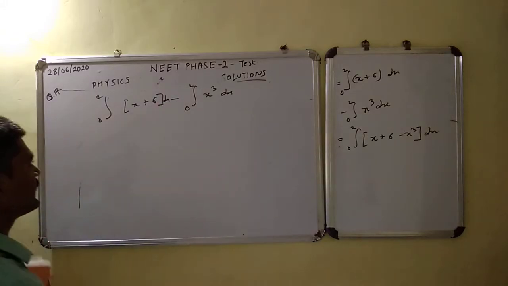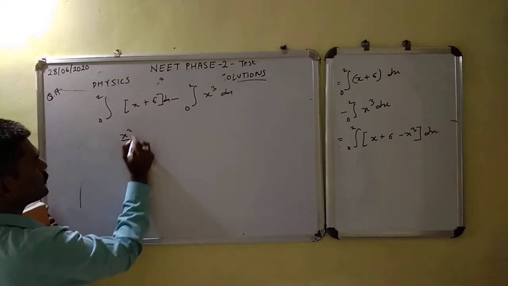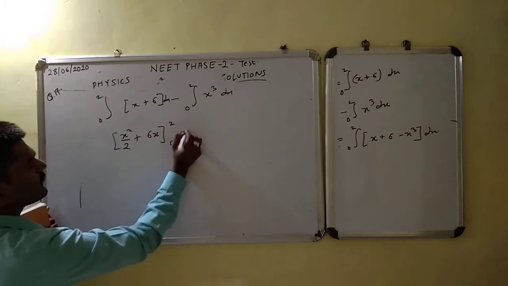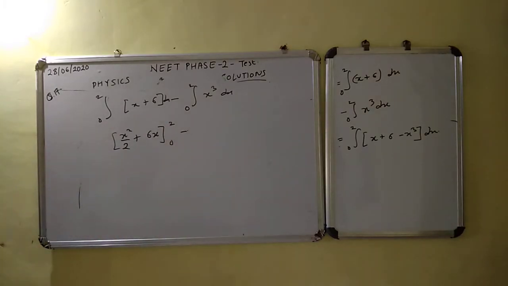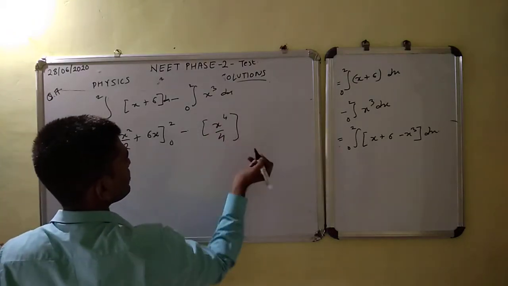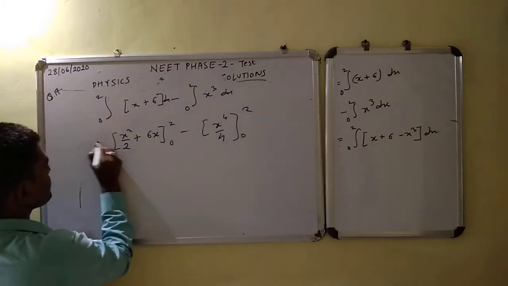The integration of x is x square by 2. So the integral from 0 to 2 of x plus 6, minus the integral from 0 to 2 of x cube dx. The integration of x plus 6 is x square by 2 plus 6x, from 0 to 2. On the other side, the integration of x cube is x raised to 4 upon 4, from 0 to 2.